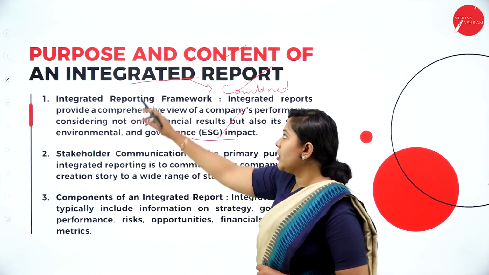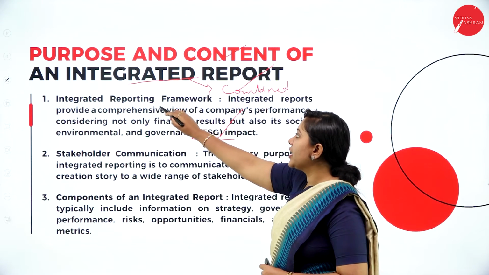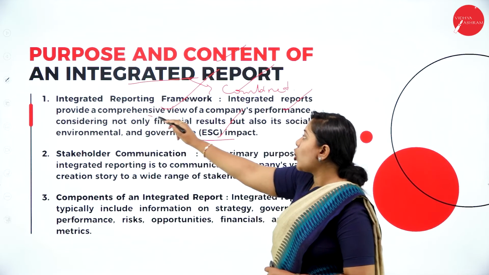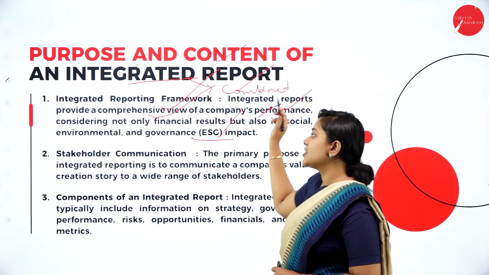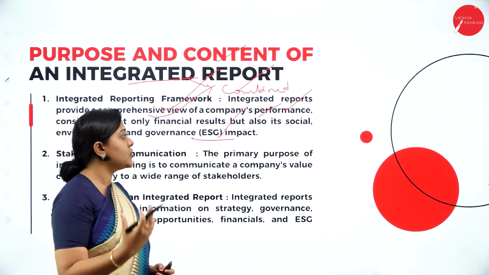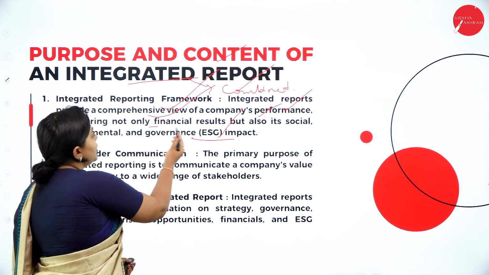So that is your integrated report. What is the purpose? The first is the integrated reporting framework. Integrated reporting provides a comprehensive view of a company's performance. It shows a standard performance of a company. It shows a clear picture of the financial results.